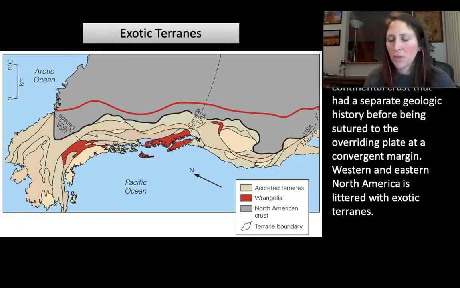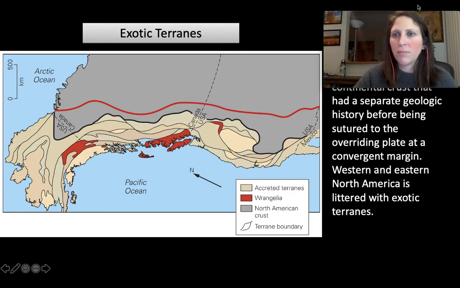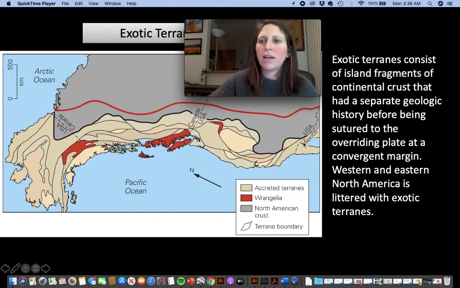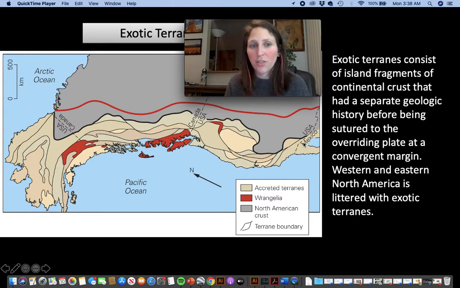Exotic terranes are something that we're going to talk about a little bit more when we talk about Earth history. They consist of island fragments of continental crust that had their own geologic history, and then these islands were smashed onto another continent. We're going to talk about North America and how it formed quite a bit. North America is actually a bunch of island arcs that were smashed onto each other over time.